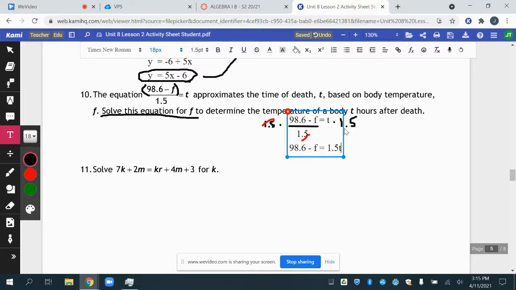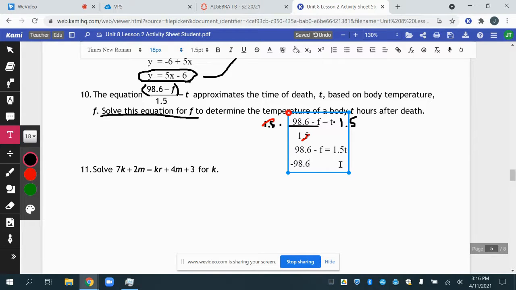Now I need to get rid of the 98.6. How am I going to do that? Well, it's being added to negative F. So I'm going to subtract it. Minus 98.6. Okay.